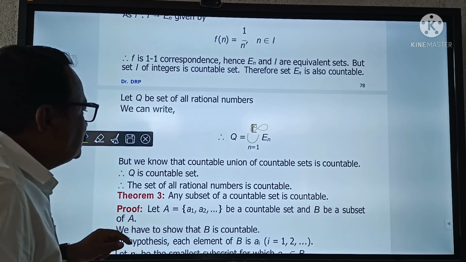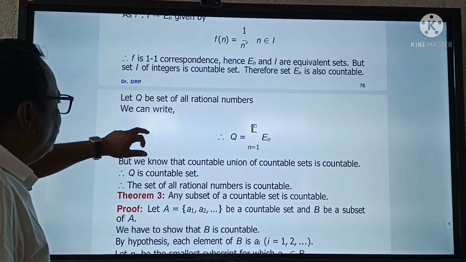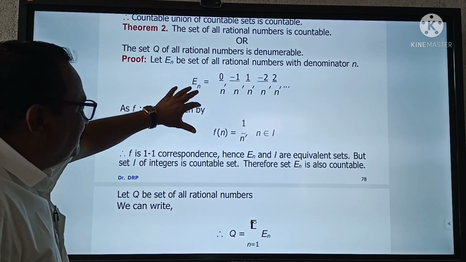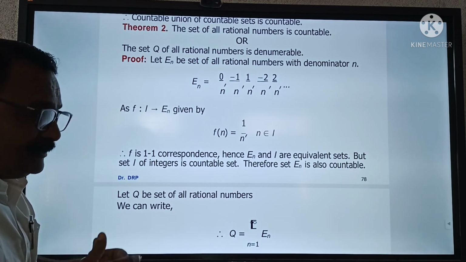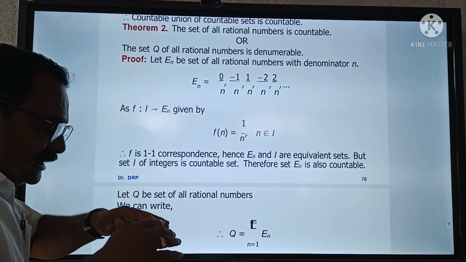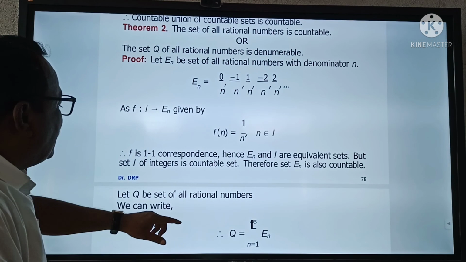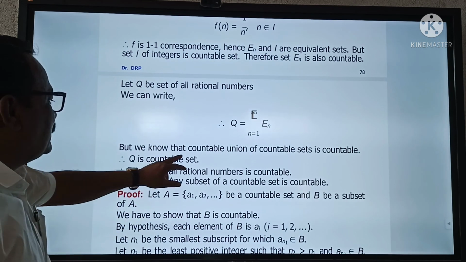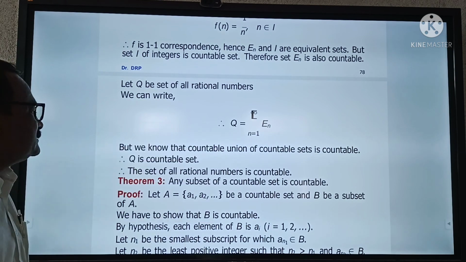The En that we have taken, see what E1, E2, E3 are. The union of all these E1, E2, E3, up to infinity gives Q, the set of rational numbers. We know that a countable union of countable sets is countable. That's why Q is a countable set.